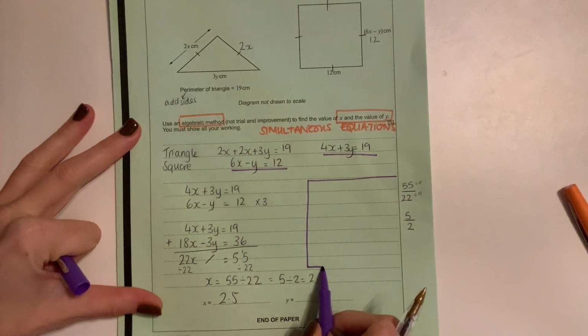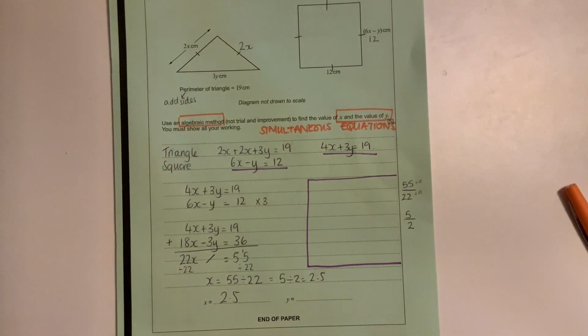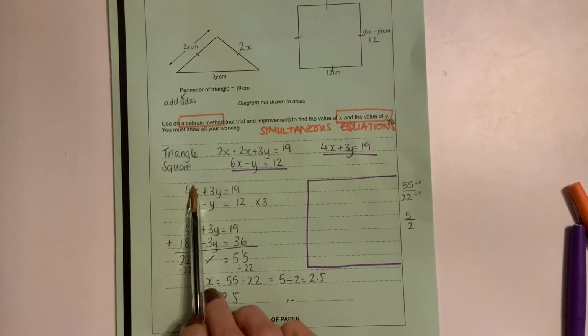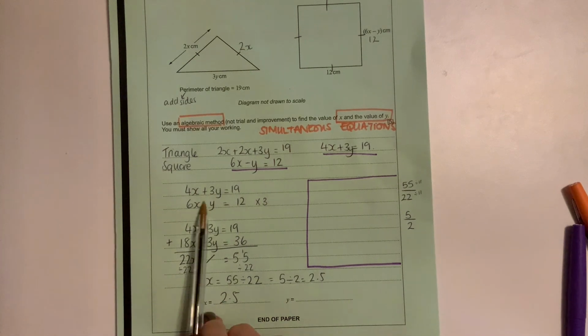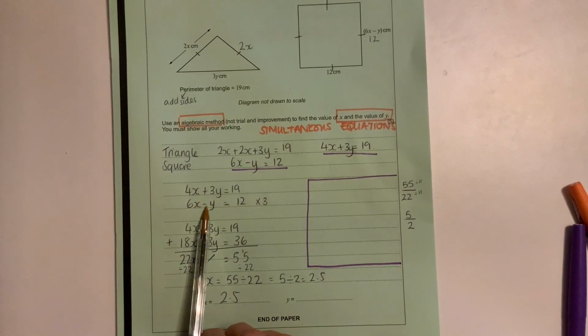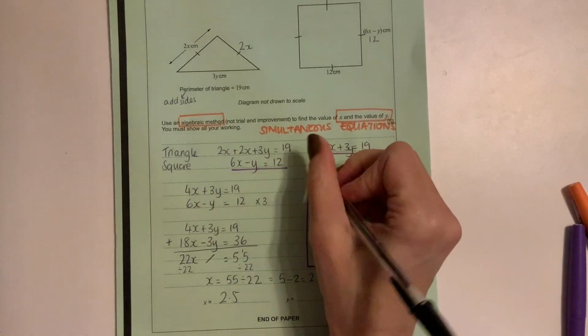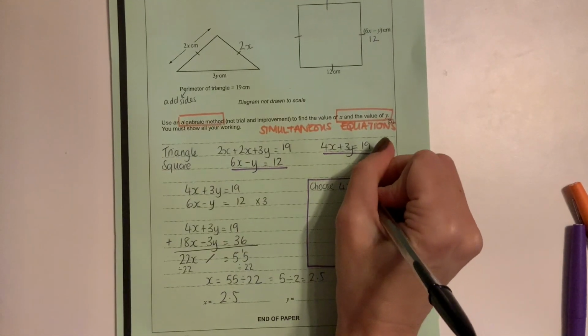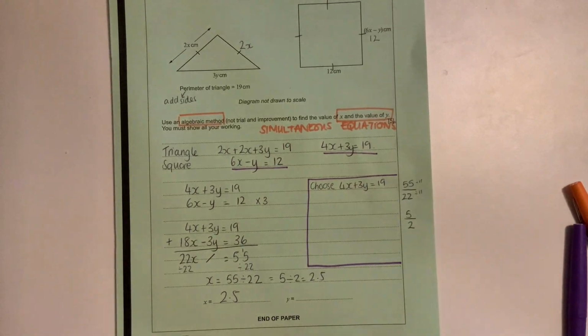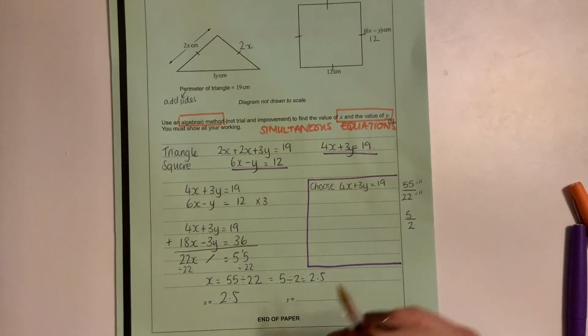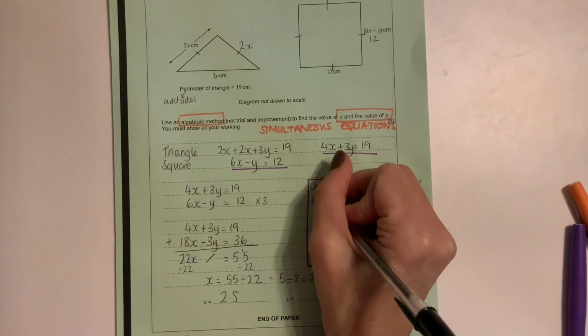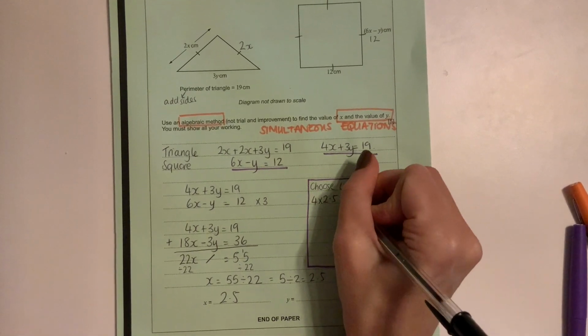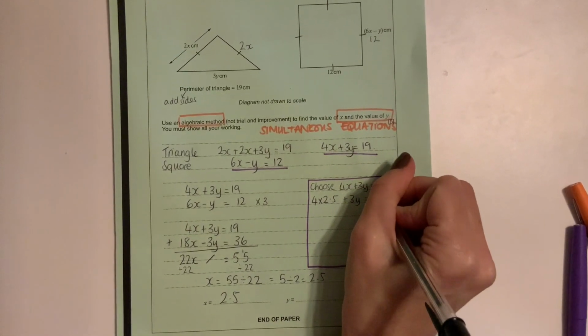So now we're going to work out our value of y over here. So we're going to choose an equation. I'm going to choose the first one. I don't like that it's negative y, so that's why I'm not choosing that one. So I'm going to choose 4x plus 3y equals 19. So I know that x is 2.5. So I'm going to do 4 times 2.5 plus 3y equals 19.